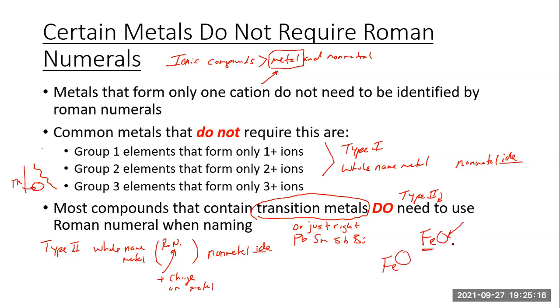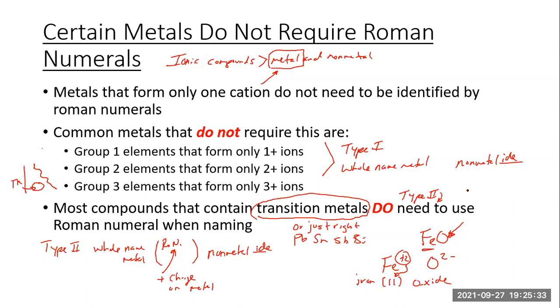But I know oxygen there is group 6, so it has a -2 charge, which means the iron would have a +2 charge. The name would be iron Roman numeral 2, for the charge, and oxide at the end.